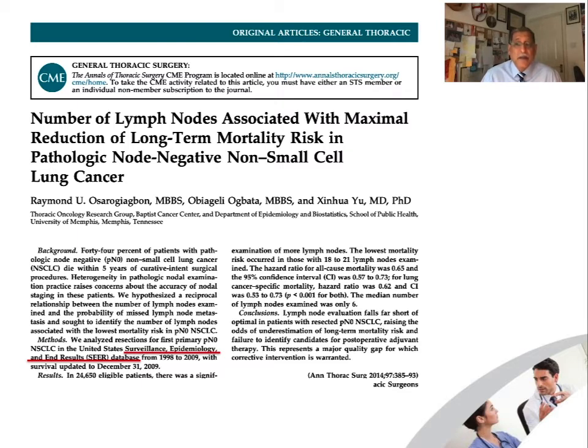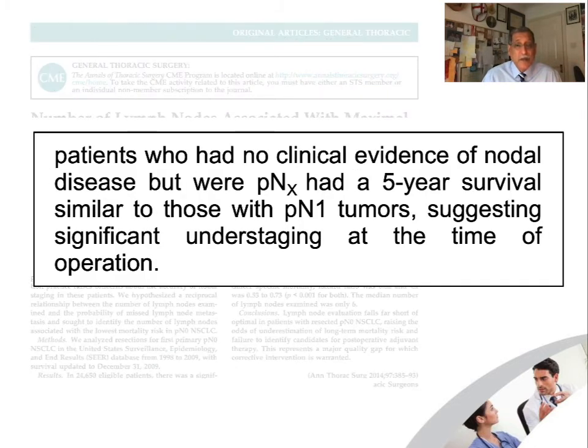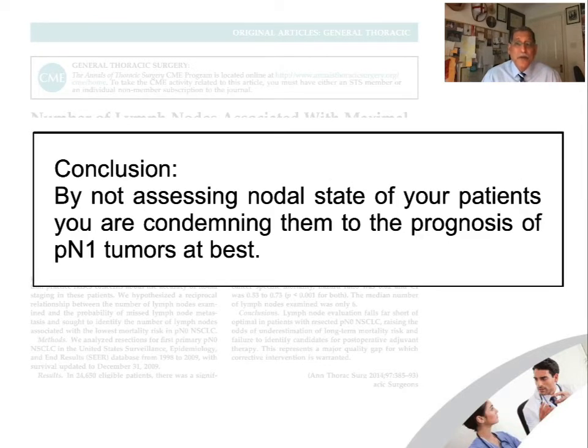They studied lung cancer patients who did not have their nodes assessed, in other words, NX, and found that these patients had prognosis similar to assessed patients who were found to have N1 disease, and concluded that by not assessing the nodal state, you are condemning your patients to the prognosis of N1 disease at best. So yes, you might be harming your patients.